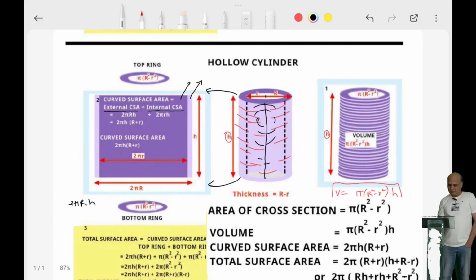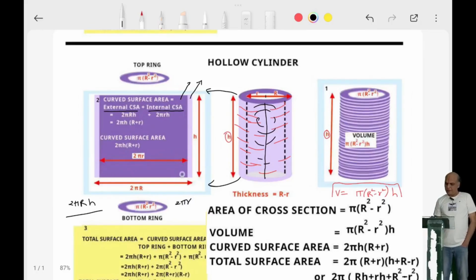So 2 pi R h would be the external curved surface area, whereas for the internal curved surface area, 2 pi small r would be the circumference or the length of the dark purple rectangle, into h, the height of the cylinder. So 2 pi small r h would give the internal curved surface area.